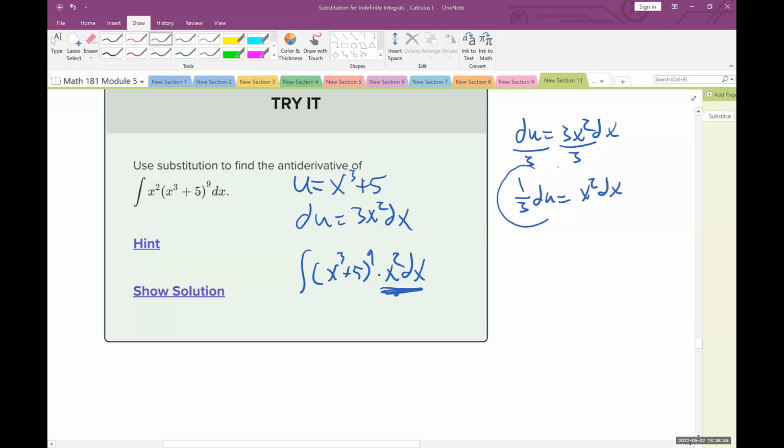So now this can take the place of that part. And this takes the appearance of the integral of u to the 9th times, I'll put the 1/3 out front, du. So what is our antiderivative of u to the 9th?